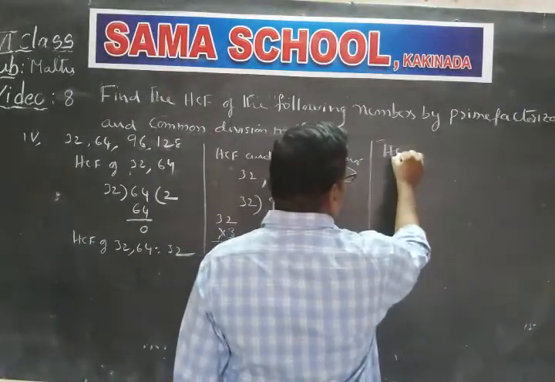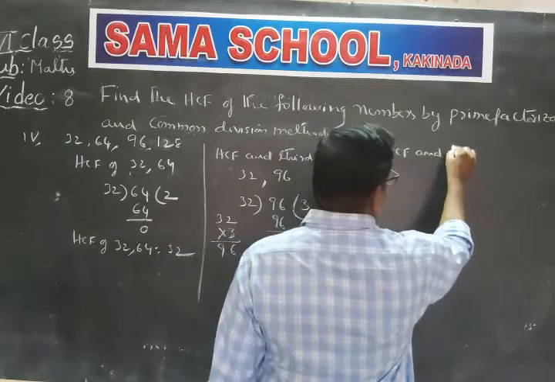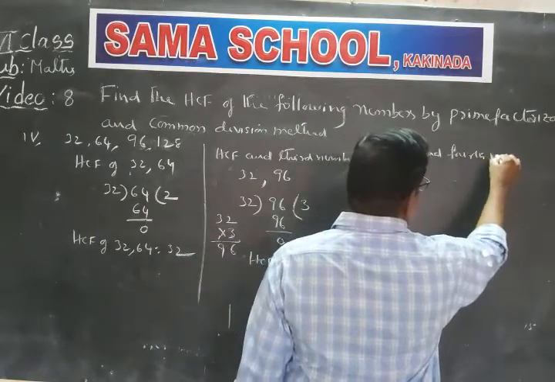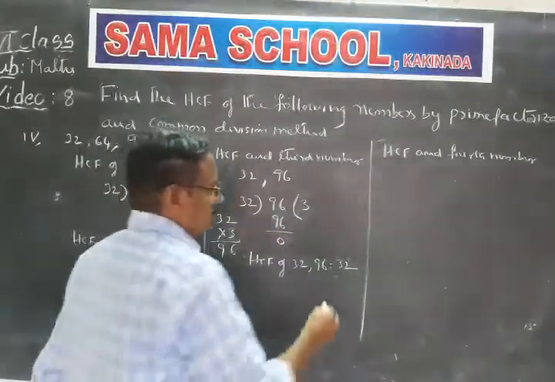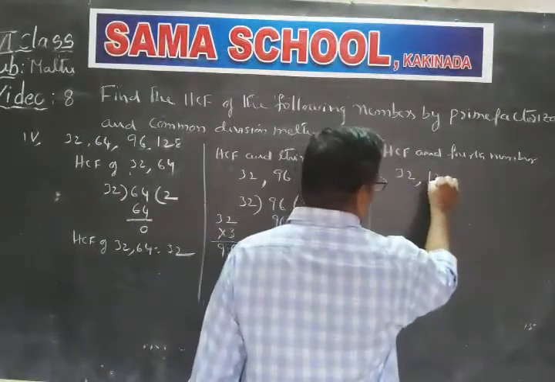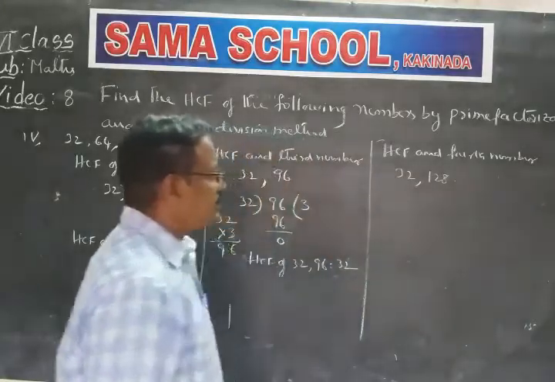Now take this HCF and the fourth number. What is the fourth number? 128. So 32 and 128: divide the big number by the small number.